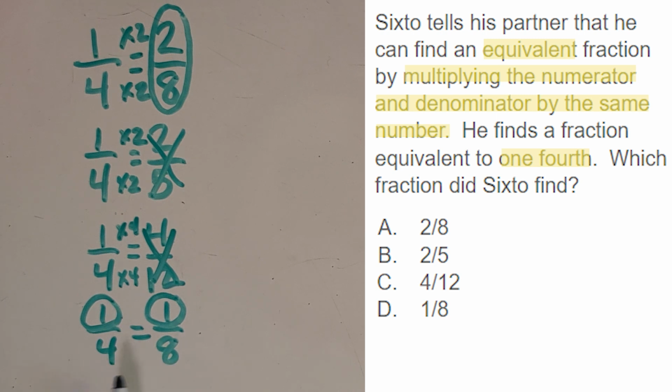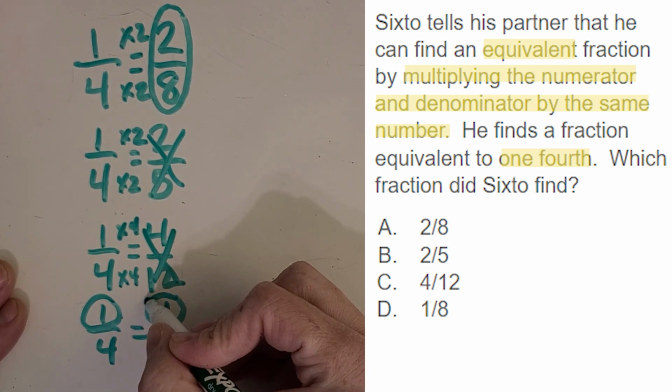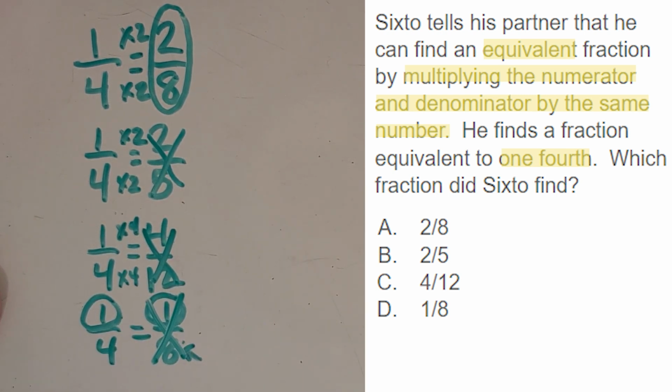Which one is smaller? Oh, you're right. The one with the bigger denominator has more pieces that are smaller. So 1/8 is smaller than 1/4. So I can already tell, even without checking with a pattern, that this fraction is too small.